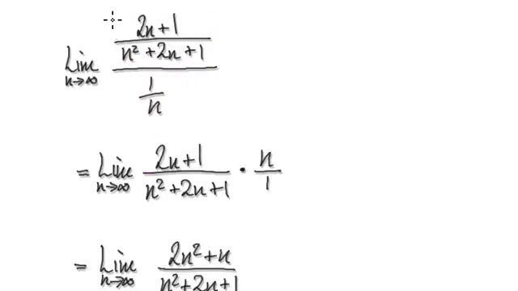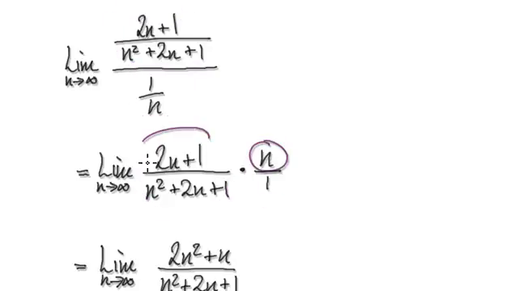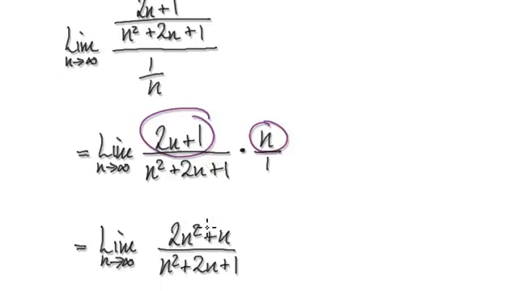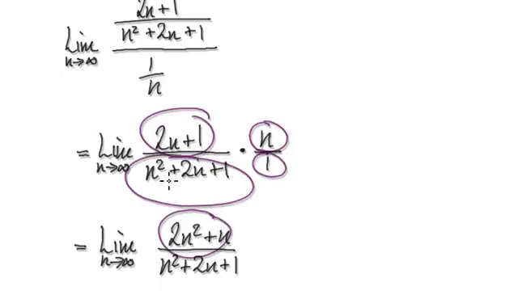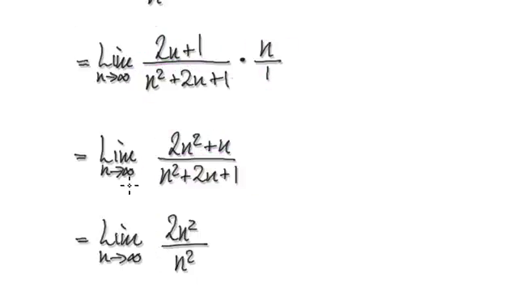So let's rewrite this. Here we've got one thing divided by another thing, so let's just imagine that as multiplying by the reciprocal. Top times top will give us this, and bottom times bottom will give us this. Now as n gets bigger and bigger, this is going to be irrelevant, so the numerator will act like this.